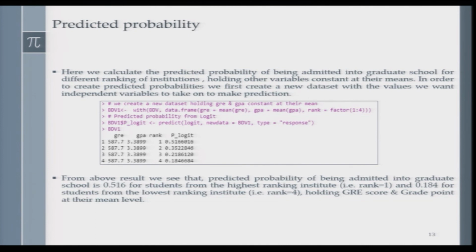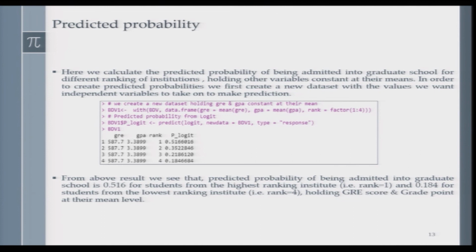Here I am going to show you how you can predict the probability for one fictional unit, a fictional student whose data I set at the mean. For the GRE explanatory variable the score is the mean GRE score, and for the GPA variable the student has the mean GPA score.